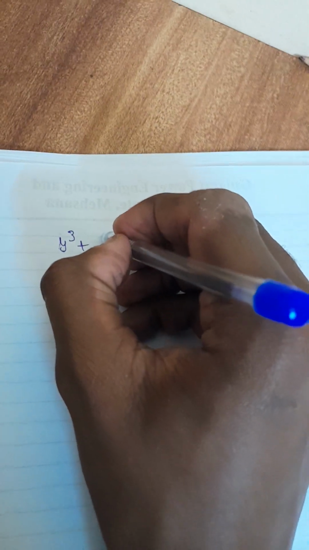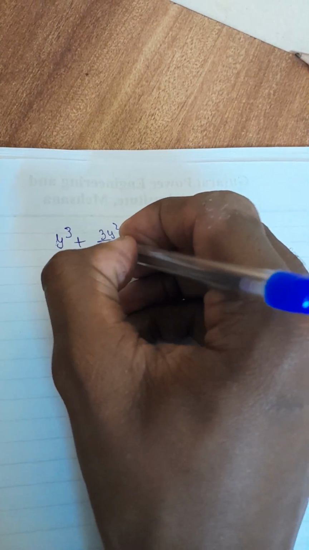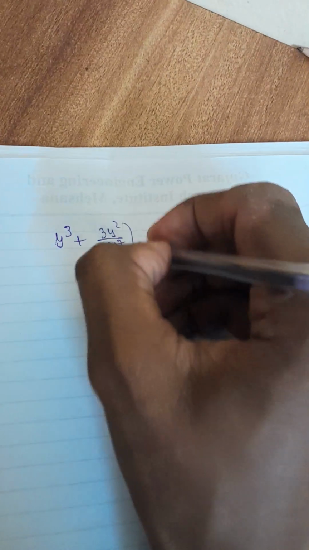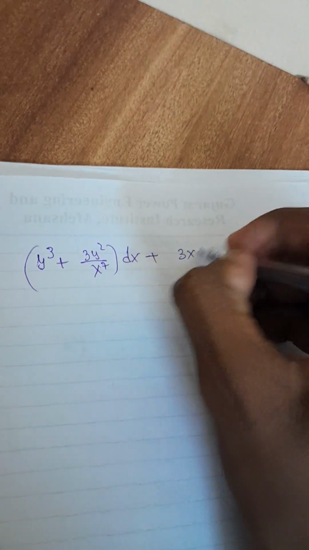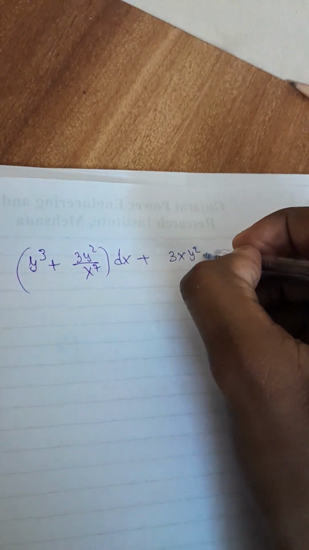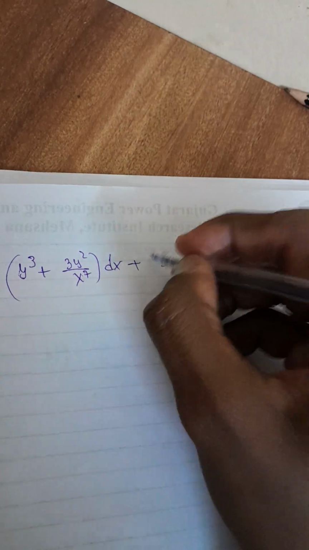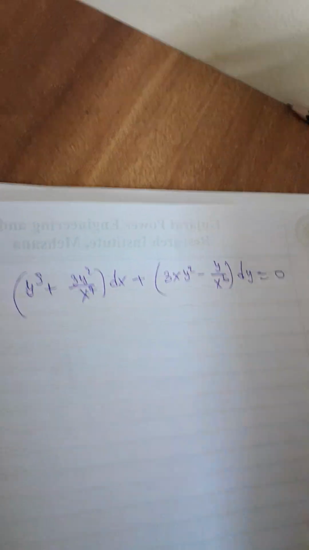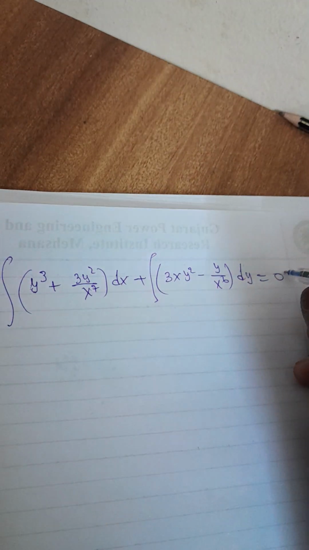So it will be y cubed plus 3y squared upon x raised to 7 dx plus 3xy squared minus yx raised to 6 dy equal to 0.